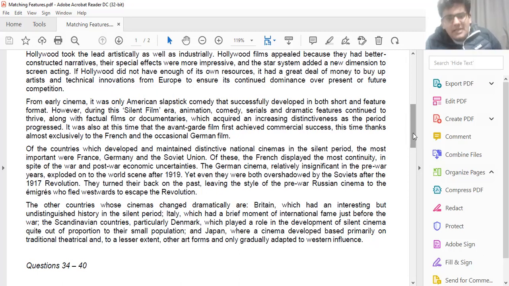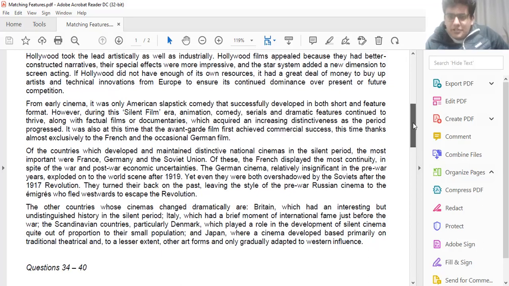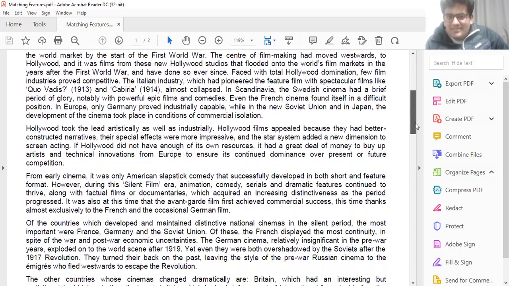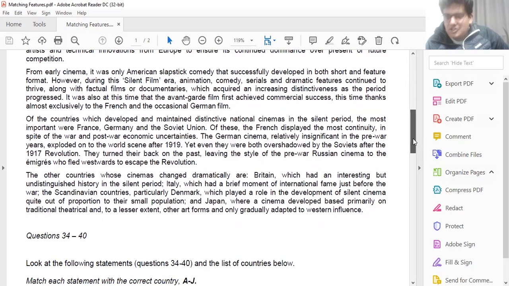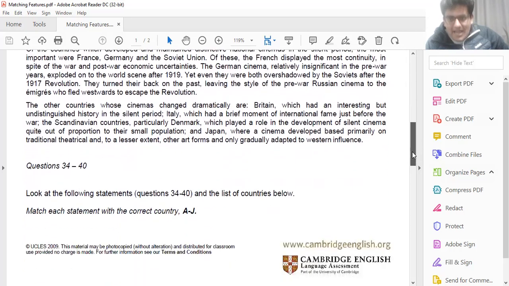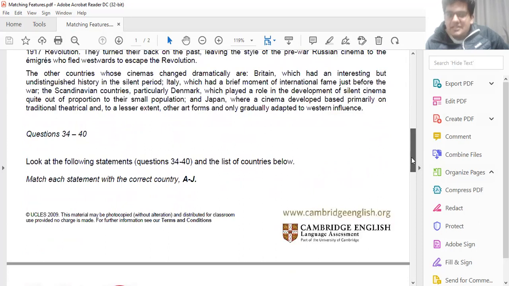Okay. So obviously, I will be attaching this PDF along with the answer key in the comment section. But if we had to take a quick look through it, we have read the 6 paragraphs that pertain to the matching information reading passage. Now we have some questions, 34 to 40. Look at the following statements, questions 34 to 40, and the list of countries below.